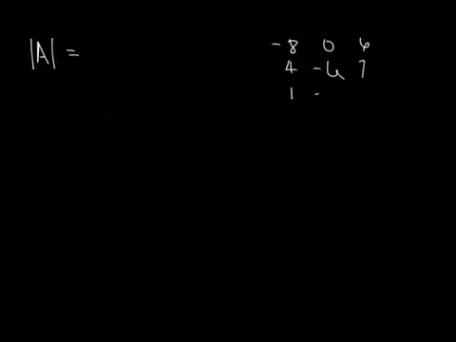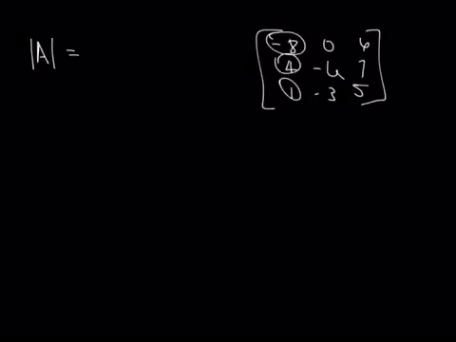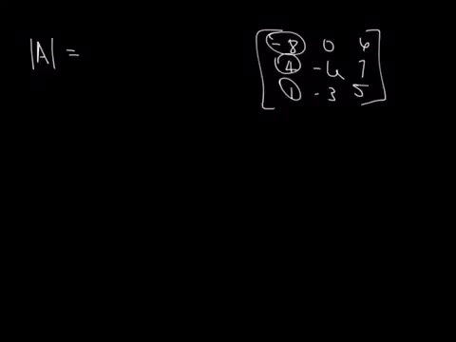So let's go back to our matrix, -8, 4, 1, 0, 6, -6, 7. This is one we've been working with. We find the determinant of this matrix by multiplying each element in the first column by its cofactor and then adding.